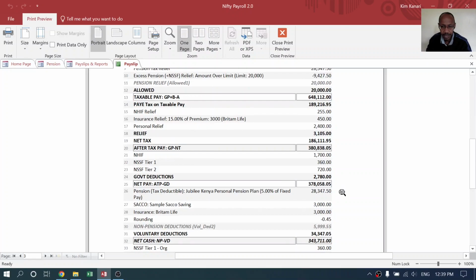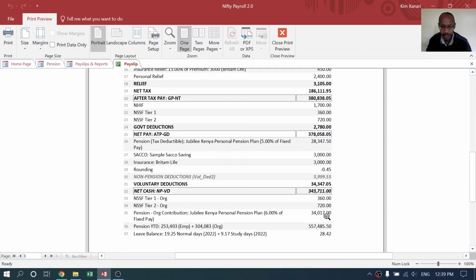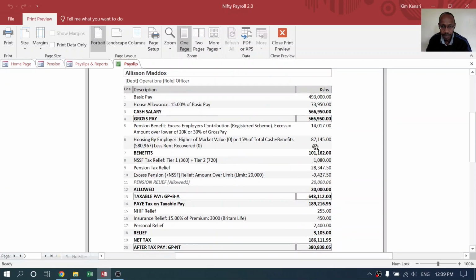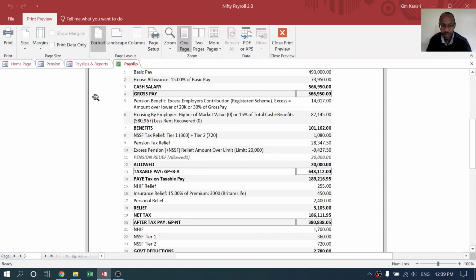So it's the 34,000 that the employer is contributing minus 20,000, because 30% of gross pay will be more than 20,000. So the portion that's taxable is 14,017, and you can see it adds to benefits. So it increases taxable pay. So those are the 3 possibilities.